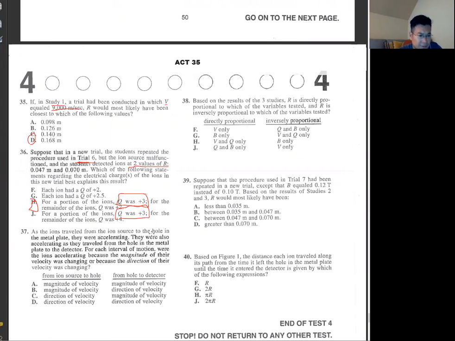And 37 says that they are also accelerating traveling metal plates in the detector, and in the interval of motion, iron's acceleration is because the magnitude of their velocity is changing, or because the direction of the velocity is changing. Okay, so then we have to find the iron source to hole.